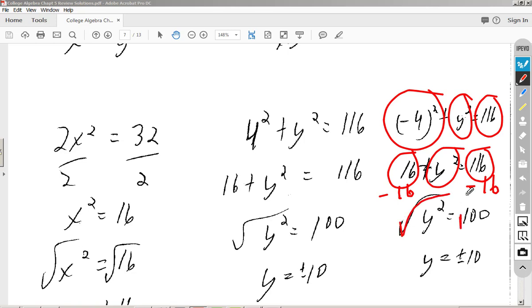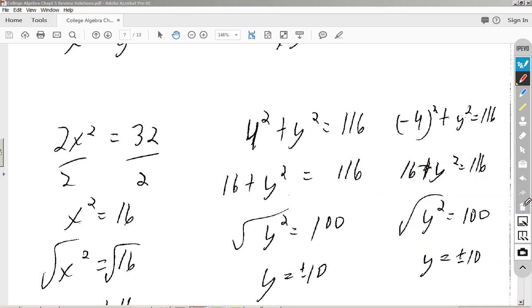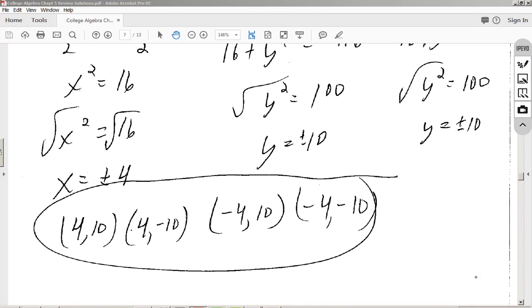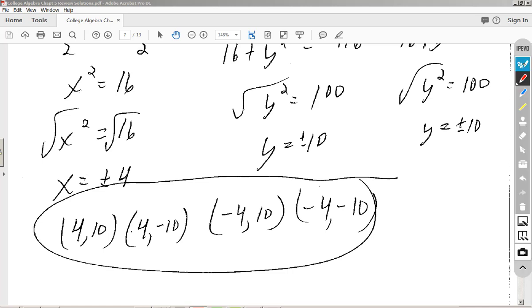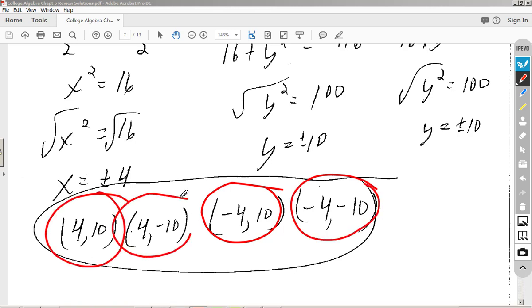Then I take the square root of both sides and I get y equals plus minus 10. So that plus minus 10 is also going to be paired up with my negative 4. So notice that here's my negative 4. It has a pairing of positive 10 and negative 10. So this has 4 solutions to it. It's got 4 and 10, 4 and negative 10, negative 4 and 10, and negative 4 and negative 10.